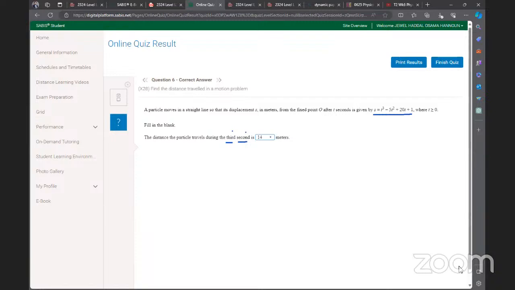But this is a very, very new thing to me. But I'm pretty sure that you have to replace t by 3. Okay, look, I will take a screenshot of this question and see what will be the right answer. And I will send you once I reach the right answer. Okay, I already took the screenshot.